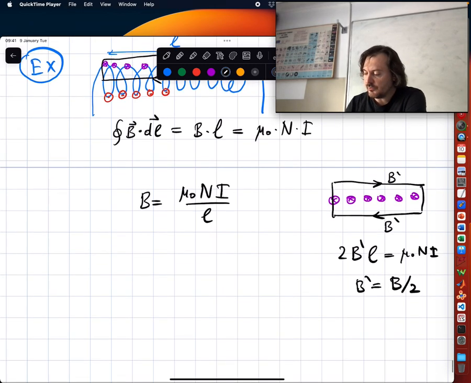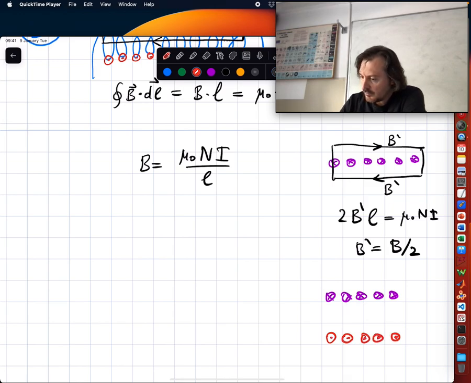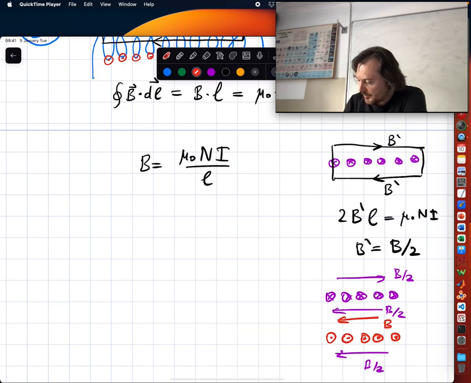But the thing is that when you do superposition, then you get such a situation. Look, you get B over 2 here, B over 2 here, and B over 2 here, while you get B over 2 from the bottom one, B over 2 over here, and B over 2 over here.